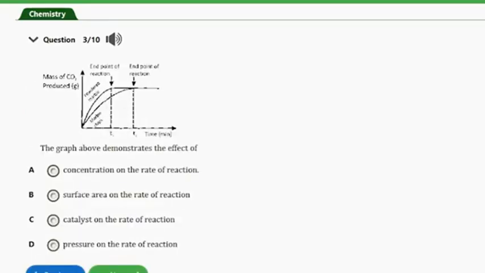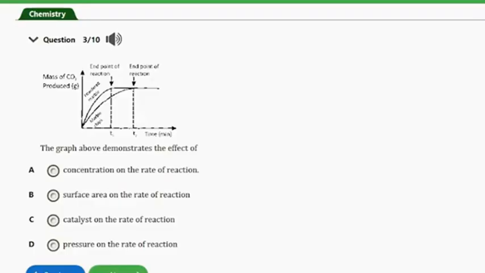Question number 3. All right, here we'll also have a diagram. The question says the graph above demonstrates the effects of A, concentration on the rate of reaction, B, surface area on the rate of reaction, C, catalyst on the rate of reaction, D, pressure on the rate of reaction. So we see here the mass of carbon dioxide produced and the time taken. We see the curve here showing the end point of the first reaction and the end point of the second reaction.